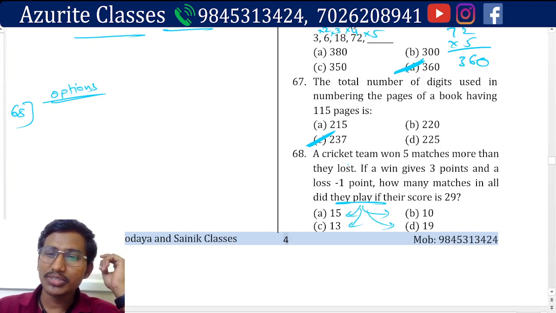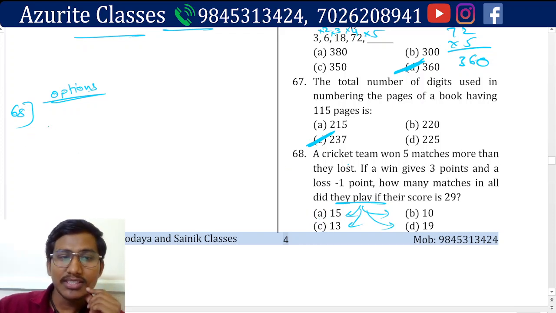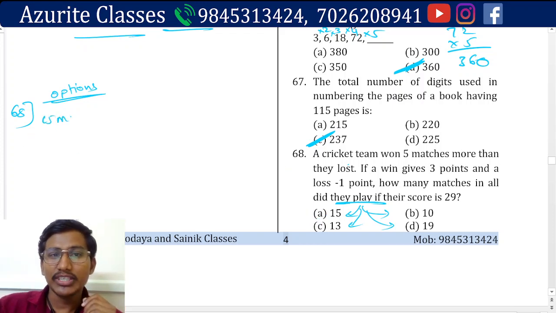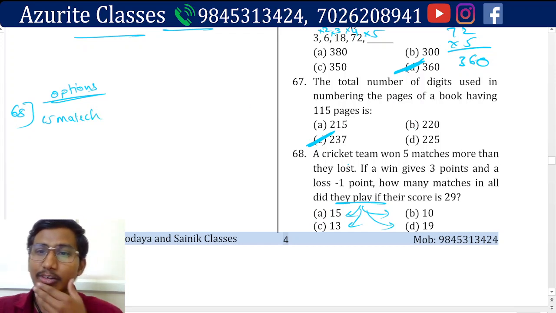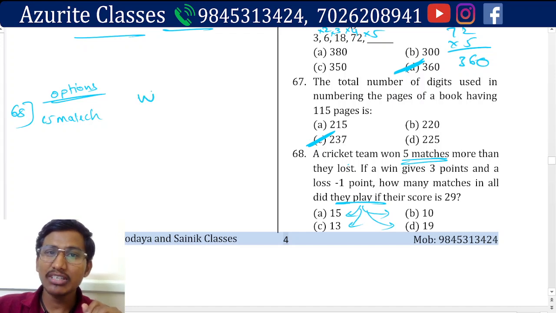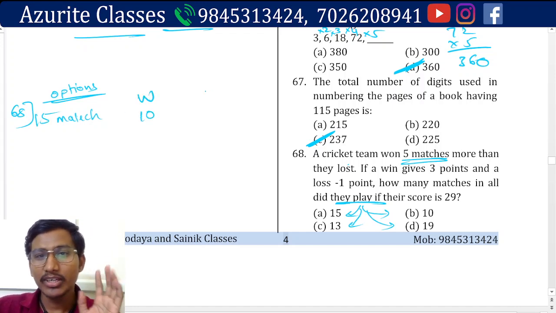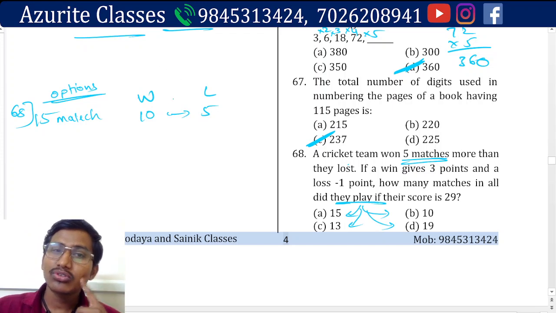So first, if you take option A as 15, what will be the answer? So 15 matches. They have won 5 more matches than lost, so winning will be 10 and losing will be 5.